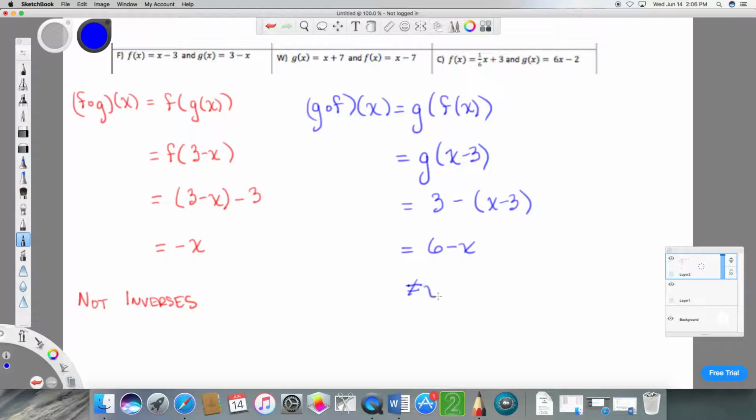And since this is not equal to x, we already concluded that these two functions are not inverses of each other.